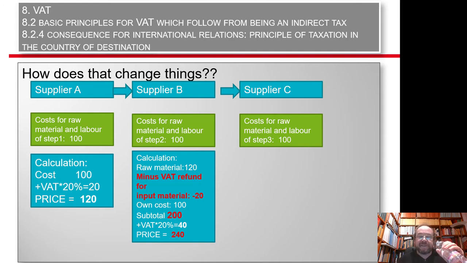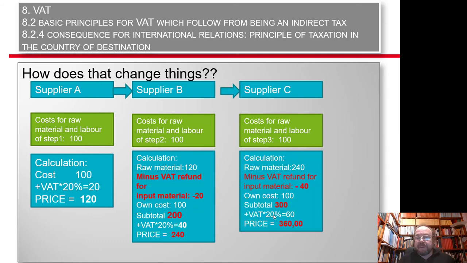That lowers his cost to 120 minus 20, so to 100 for the purchase. Own cost of 200 comes on top. Minimum price to be claimed is 200. VAT 40 comes on top, 240 is the possible price for which B can sell to C.